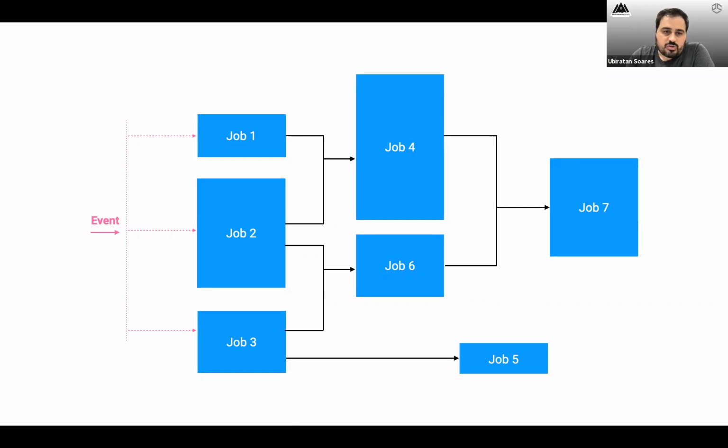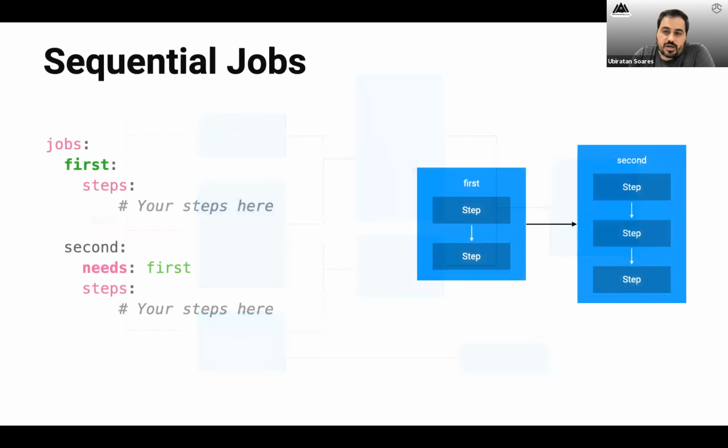So how do we define topologies in GitHub Actions? This is interesting because we know that every job executes inside a runner machine. Hence, we can have several levels of parallelism also with topologies. In order to achieve that, we have this special keyword defined by the GitHub Actions syntax, which is needs.